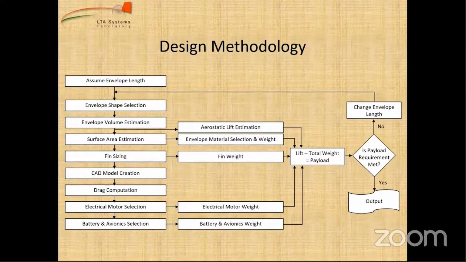How did I get it? Do you understand the question, my friends? Yes, sir. So how did I know in advance that 3.5 meters will give me almost 250 grams of payload after going through all these calculations one by one?